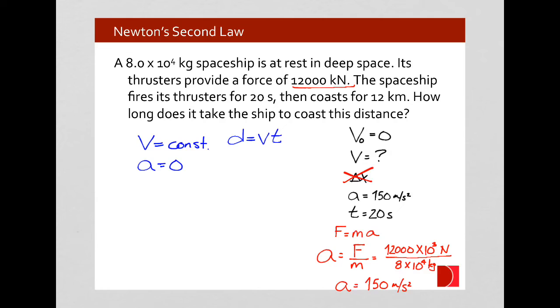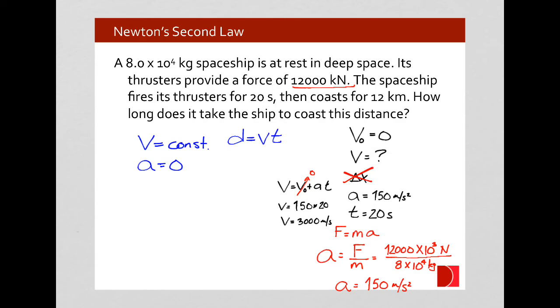Now, if we know 3 of our kinematic variables, we can find the 4th one. And we have that our final velocity at the end of this acceleration is 3,000 meters per second.